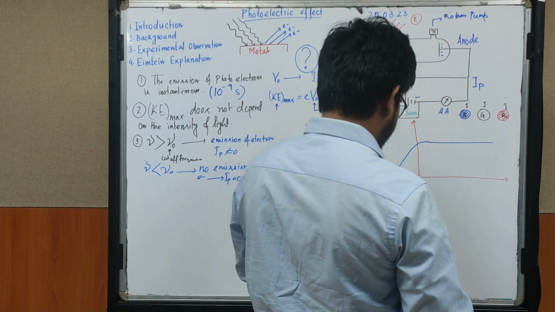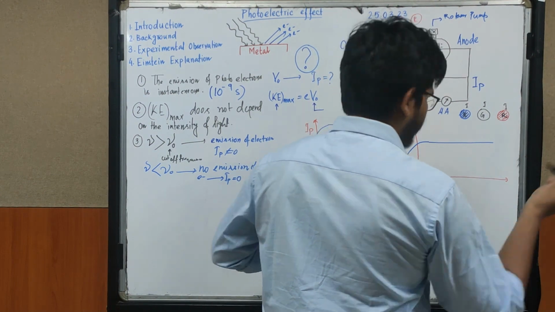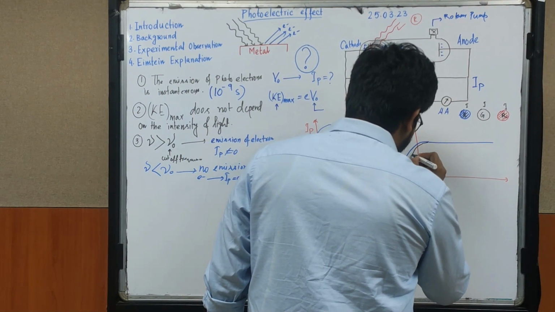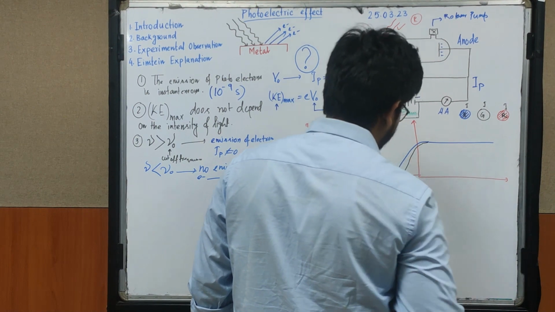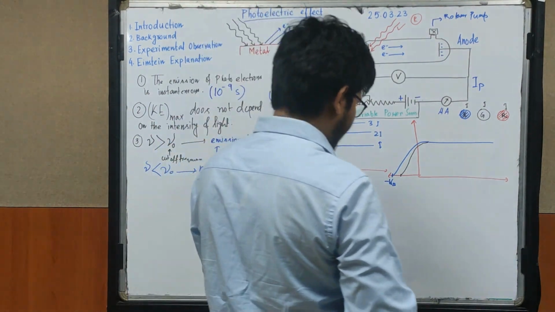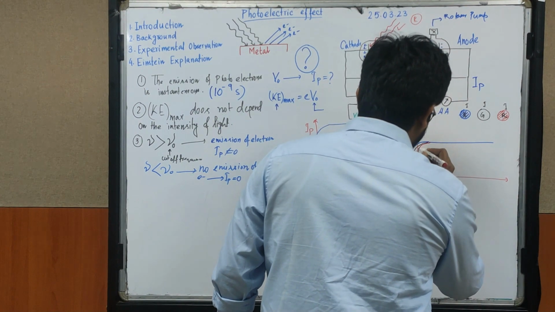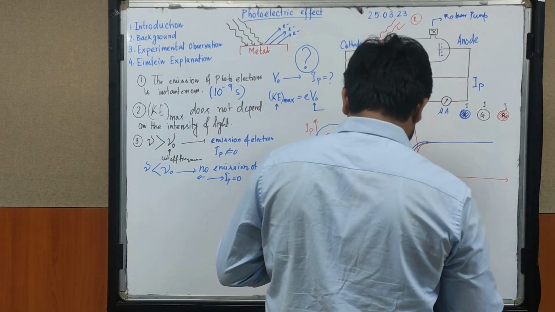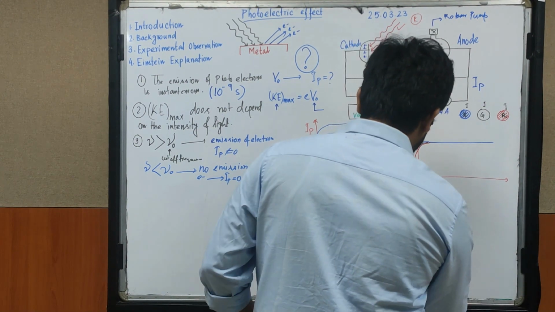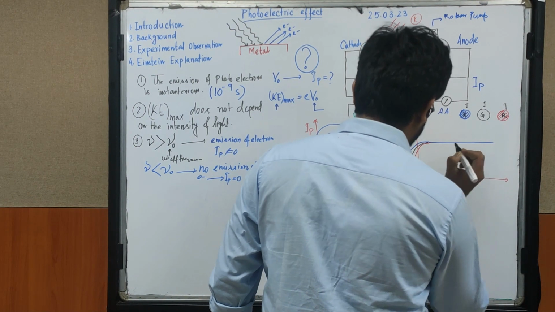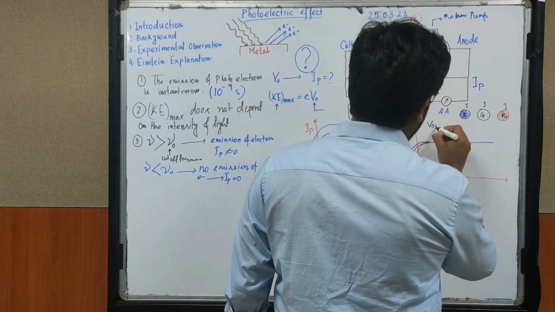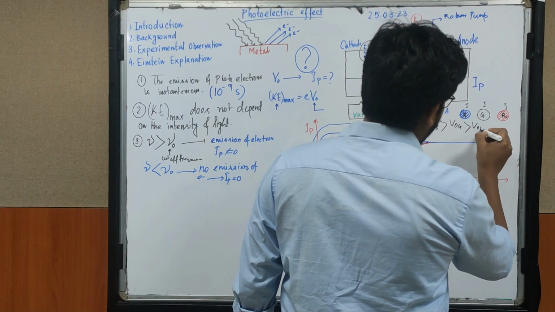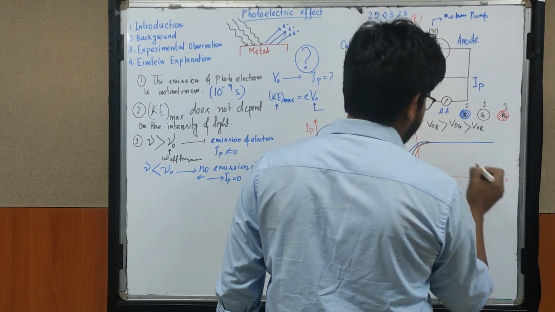In case of green light, though I have a black marker, let us assume that this is a green light, the stopping potential will be a little bit less, and in case of red light you need less stopping potential. So this is your minus V0 red, and this is your minus V0 green. So actually V0 blue is higher than V0 green and then V0 red. This is your IP versus V.